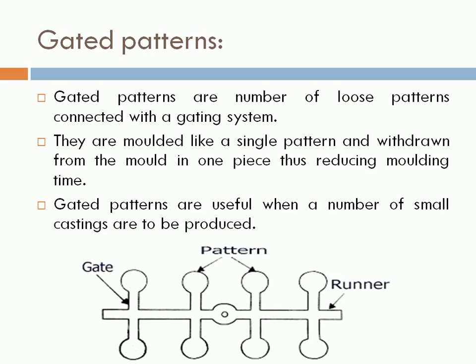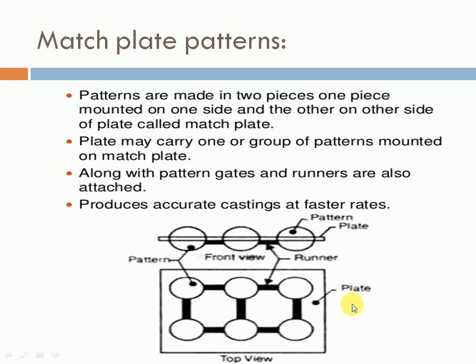So if you want to make more than one piece with the use of this casting process, then this type of pattern we are using, it is also called a gated pattern. So a number of loose patterns are connected with this one gating system, and they are molded like a single pattern, right? So this one is a pattern, this one is a gate, and this one is a runner, right? This is called a gated pattern.